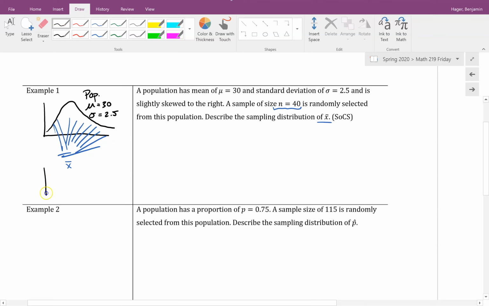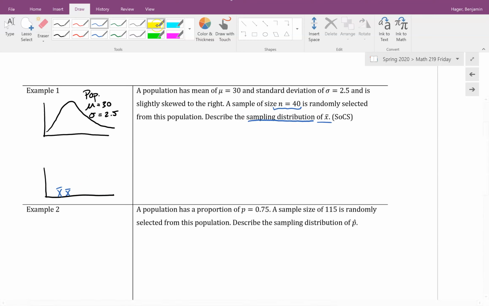Then I'm going to do it again, 40 different things, find their mean and plot it down. And again, and again. I'm going to take a bunch of sample means. It's a sampling distribution, so it's going to give every possible sample mean that could occur.